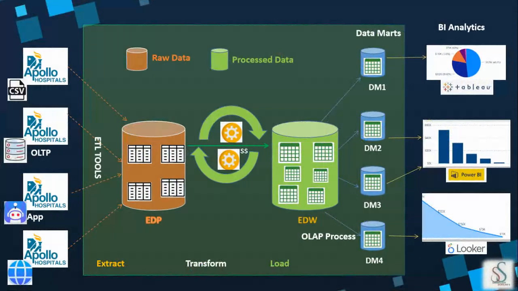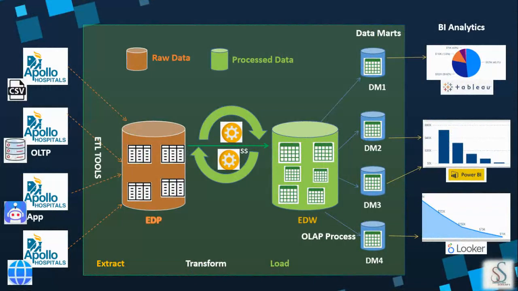I have taken Apollo Hospitals as an example here. On the left side, you have four Apollo Hospital branches, and each branch is using a different data format to save their patients' data.